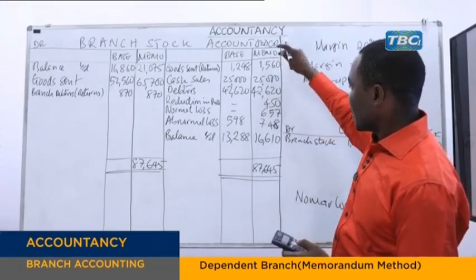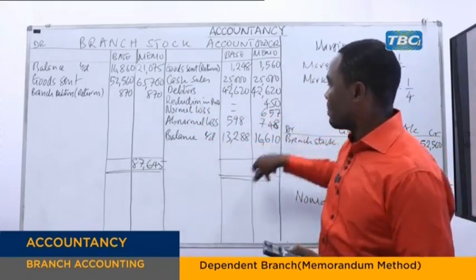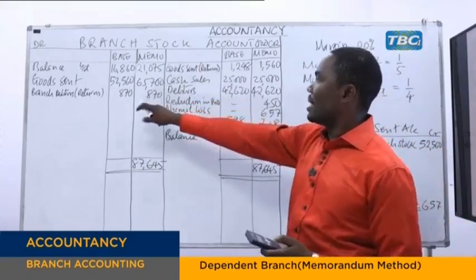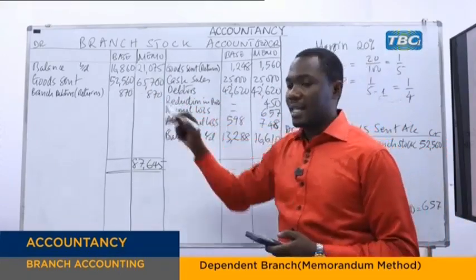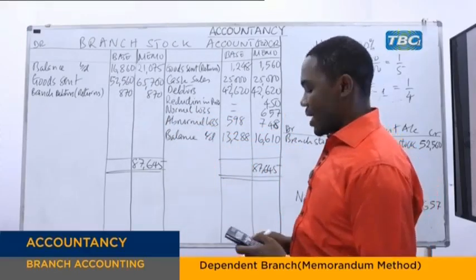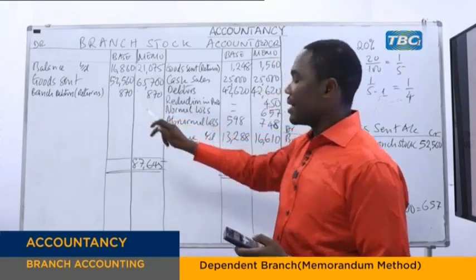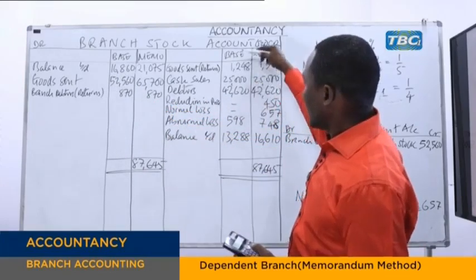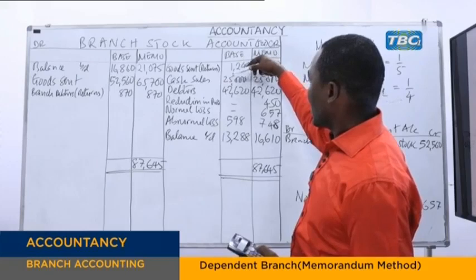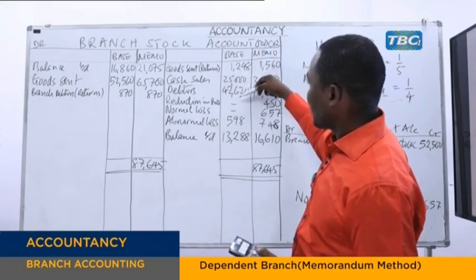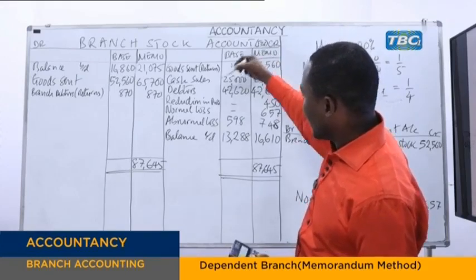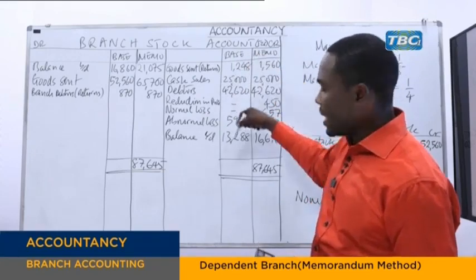After balancing this memo column, we go now to balance the base column to determine the profit. Definitely, because these items are shown at cost, and the items for sale are shown at selling price, we expect this to be greater.